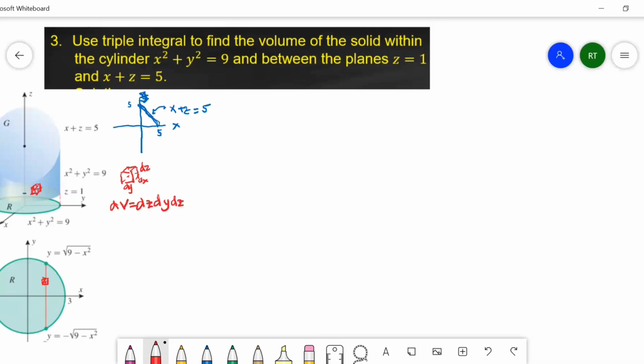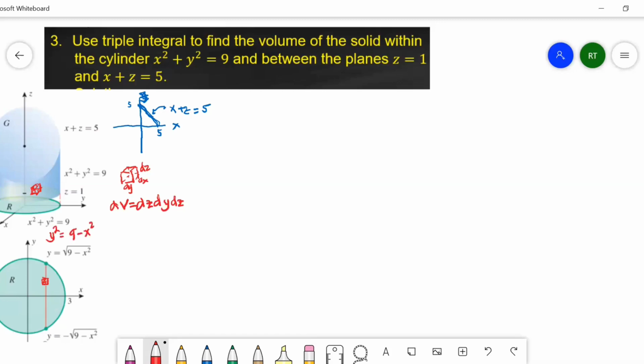So since we have a circle, x squared plus y squared is equal to 9, we can solve for y. We have y squared is equal to 9 minus x squared.